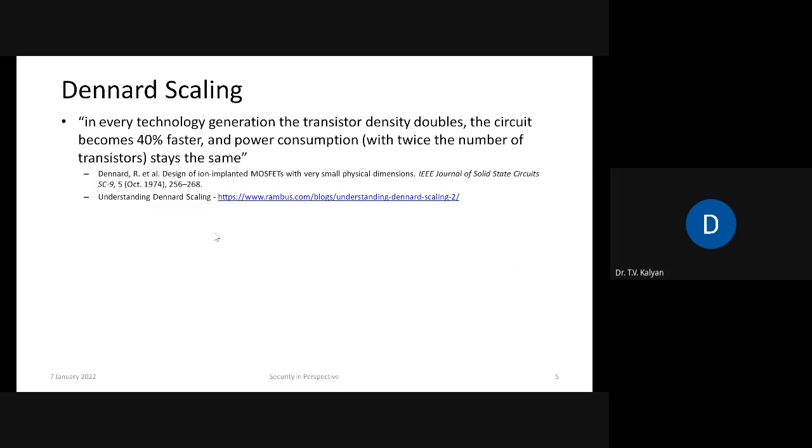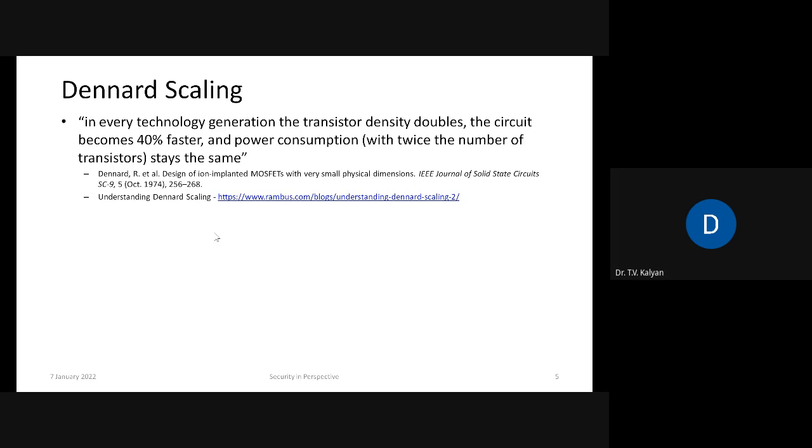It means that the number of transistors for a given area will keep multiplying by 2, and the frequency of operation will become 40% higher than the previous generation, and the power consumption will remain the same. This is the key part of his observation: the power consumption is likely to remain the same because the voltage will also scale.